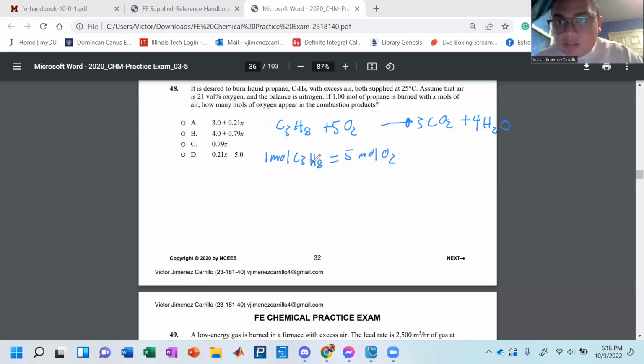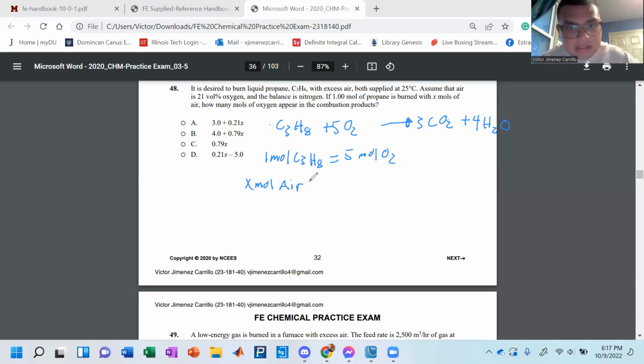Now, going back to the original starting point, we have X moles of air. And this is your starting material. We also know that 21% of the starting material is oxygen.